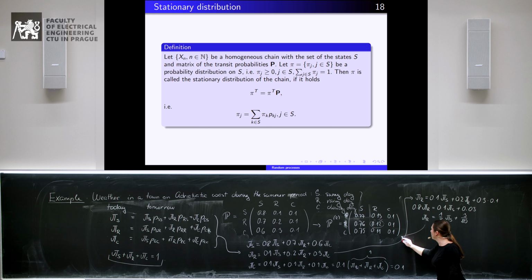And now we have pi R. We can put it, for example, into the last equation. And in this way, solving this system of equations, we will get the result that pi S is equal to 23/30.